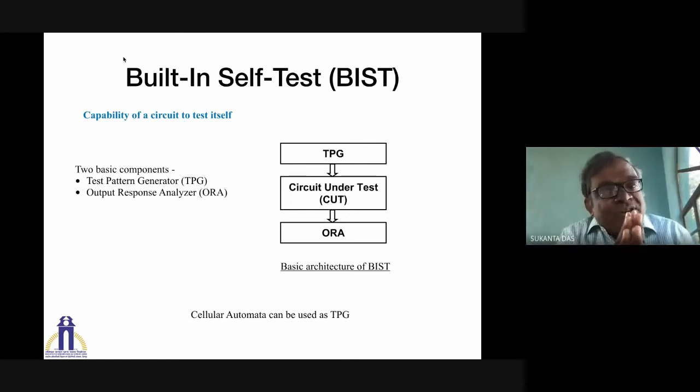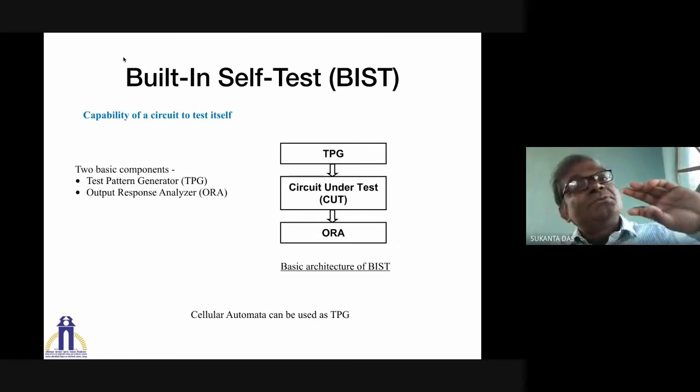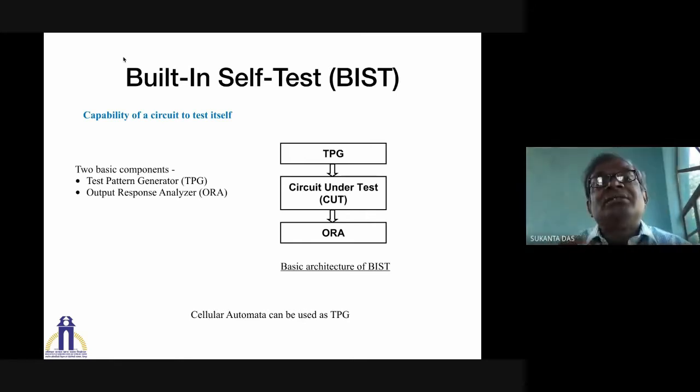Now, when the manufacture is complete, if you put power, then that small circuit becomes active, and that small circuit can test the circuit automatically. So its name is built-in self-test. The whole circuitry has some function it has to perform. Additionally, it has a small unit which can test itself. So it is the capability of a circuit to test itself. We call it built-in self-test.